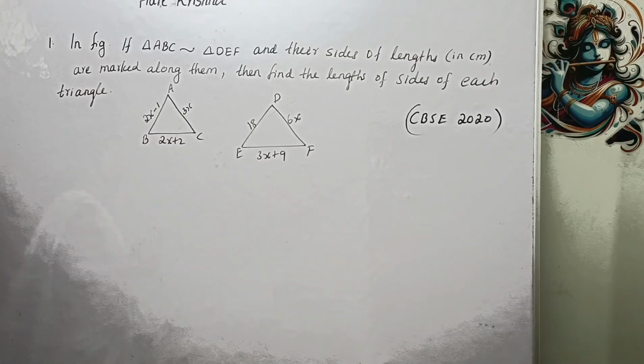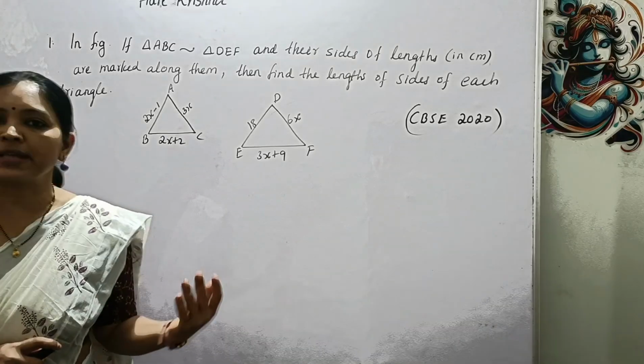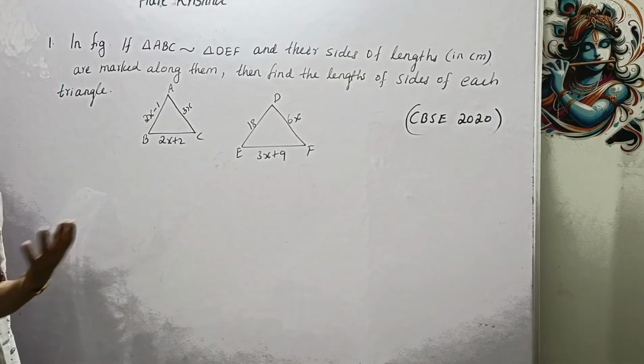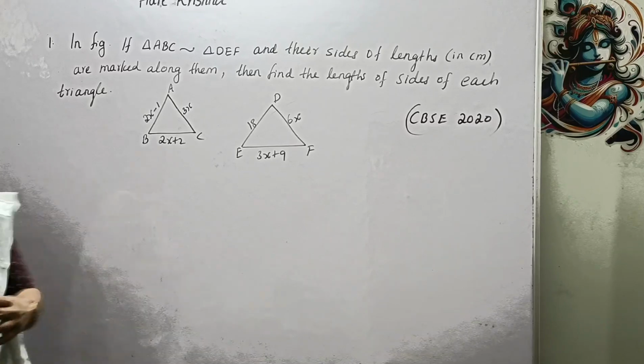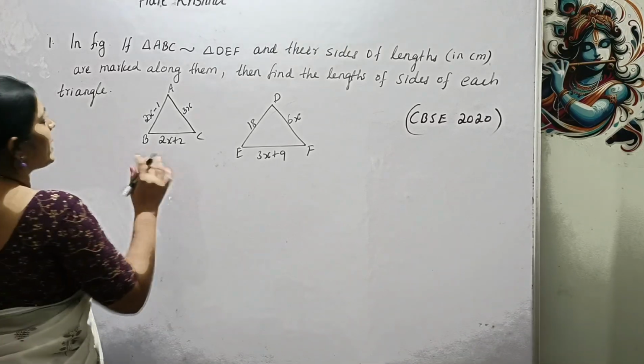Okay, here it is given that these two triangles are similar. And we know that if two triangles are similar, then their corresponding sides are proportional, right? That is, they are in the same ratio.